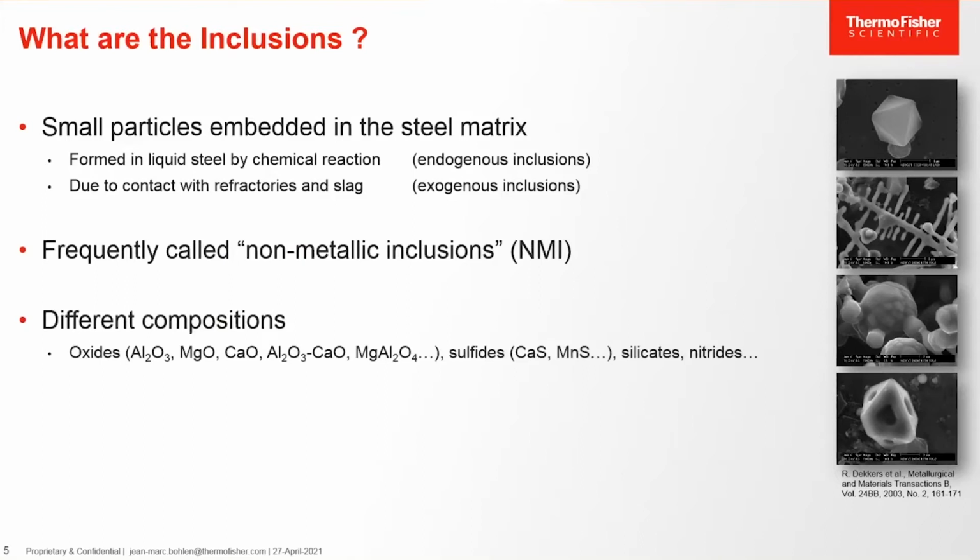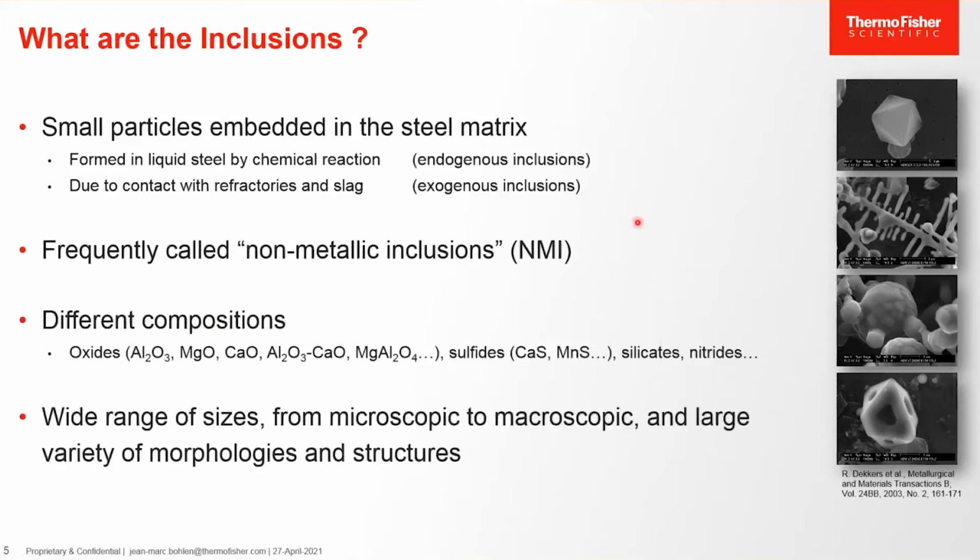These inclusions have different compositions. They can be oxides of different types, sulfides, silicates, nitrides, and even others. These inclusions have a wide range of sizes, from microscopic to macroscopic, and also a large variety of morphologies and structures.